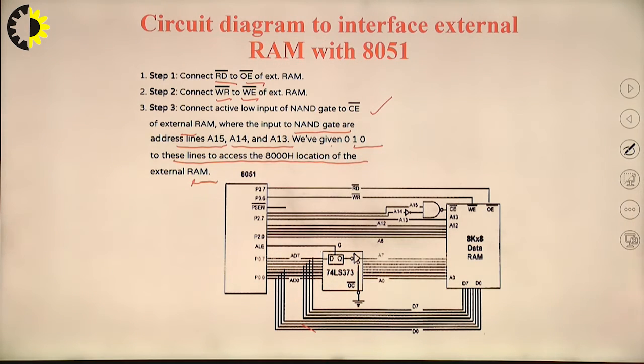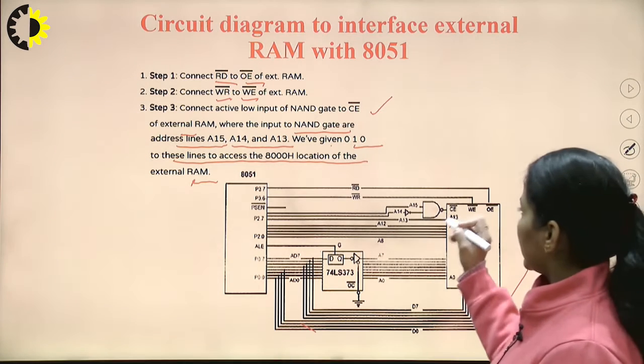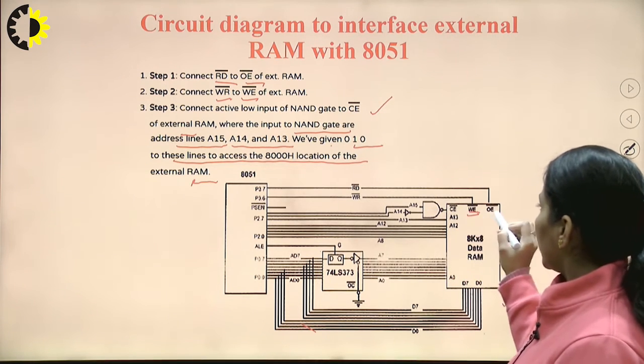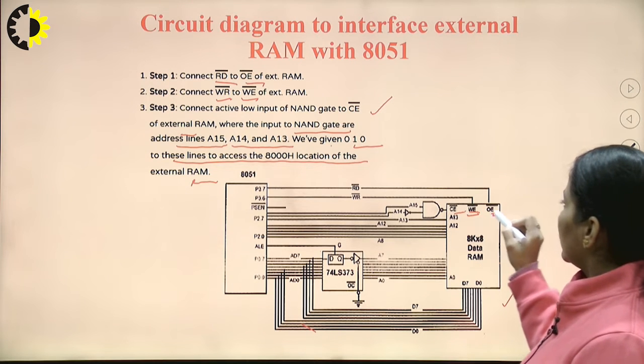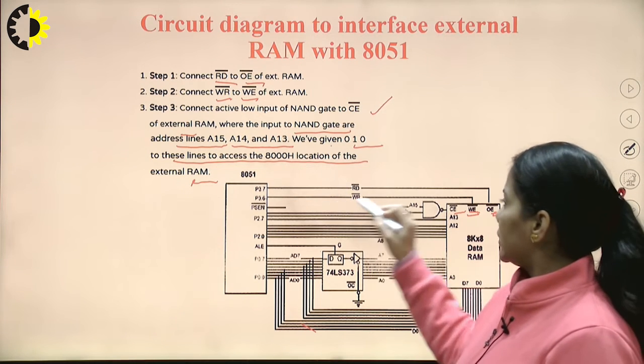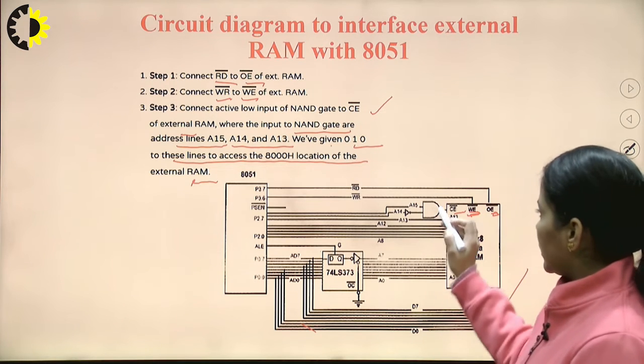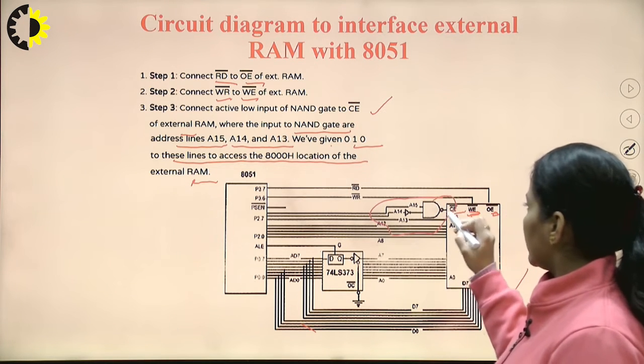So, in this way, similar to the previous circuit, we can connect these pins. We have to keep in mind that OE is connected to read and WE is connected to the write signal, and the decoder logic is made to select the chip.